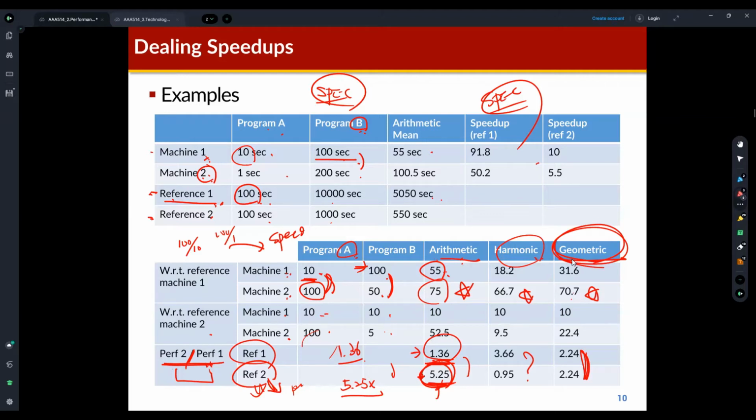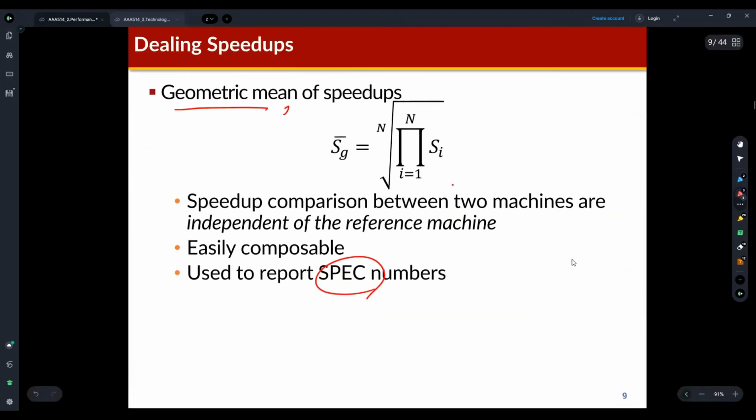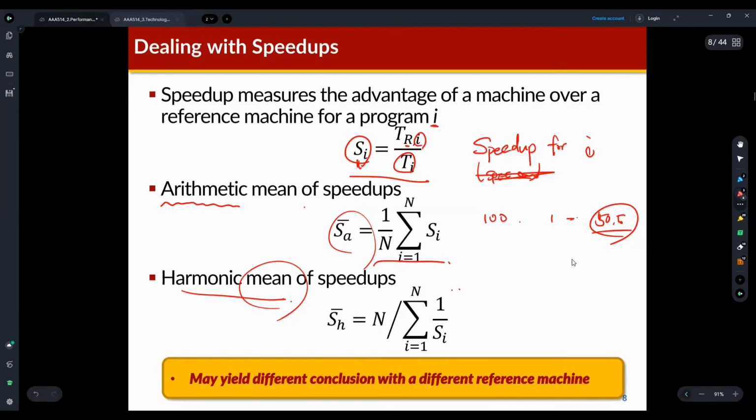So it's recommended to use the geometric average, but in the real world we frequently use the arithmetic mean. That's okay. If you want to use the arithmetic mean in your paper or in your research work, that's okay. It's allowed.